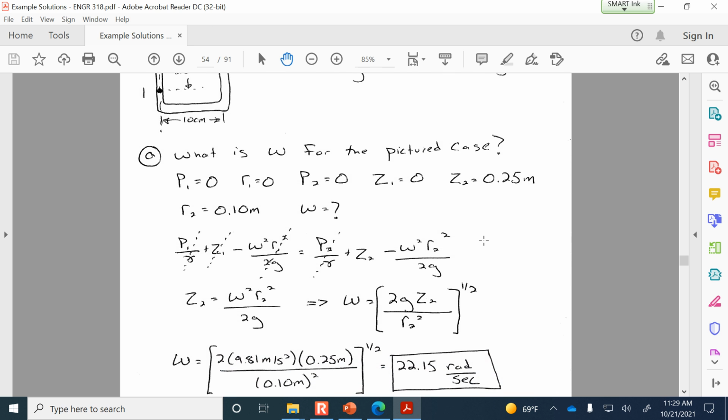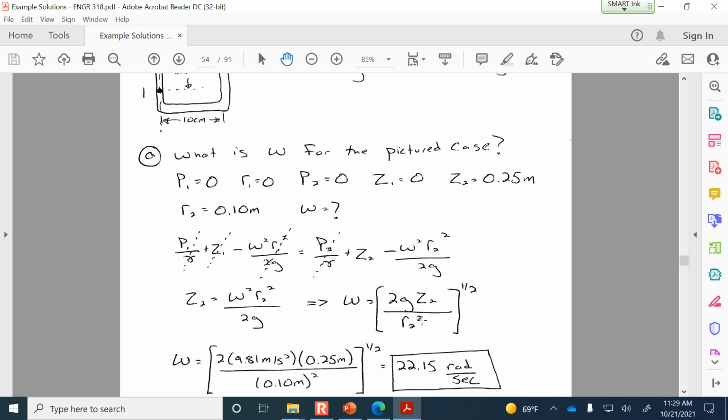Okay, 22.15 radians per second. That's what it would take to cause that deflection. Now think about it, if things were different. If the right leg was further away, then it wouldn't need to go so fast.